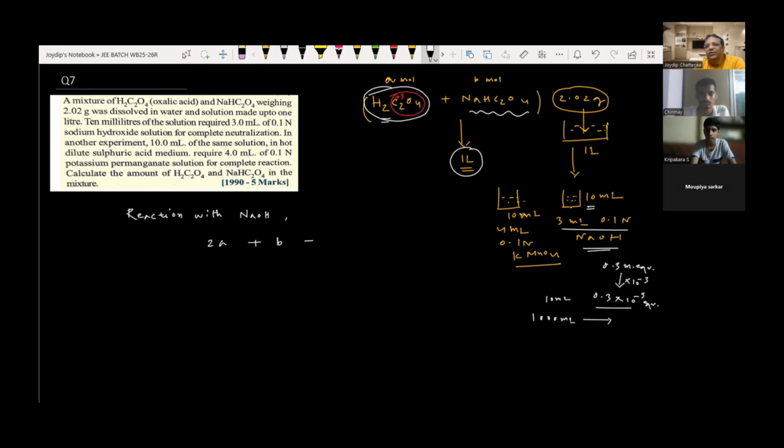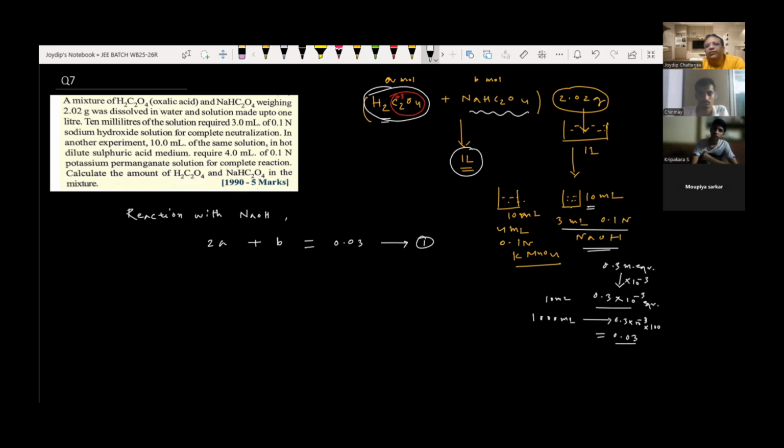This is 0.3 into 10 to the power -3 into 100, so it will come out 0.03. This is the number of equivalents, equation 1.